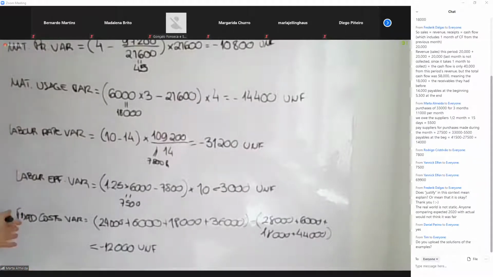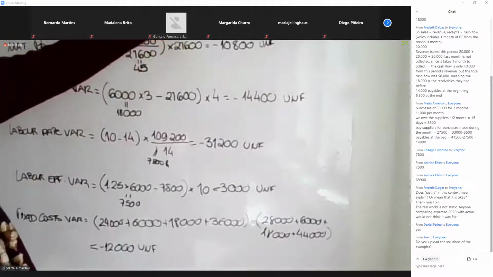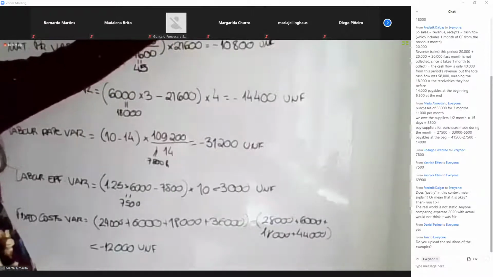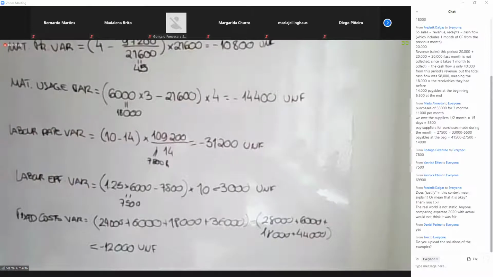It's like everything else went wrong, and that just cancels the positive variance from the sales margin volume variance. All of the others are unfavorable. Okay, so this is obviously an extreme example, which can happen in organizations, in which we see that a lot of things go wrong, and this is what justifies the difference in profit, all of those variances that went wrong.